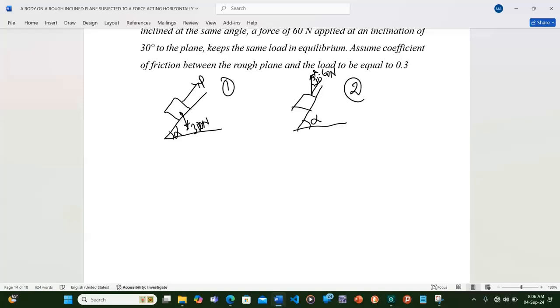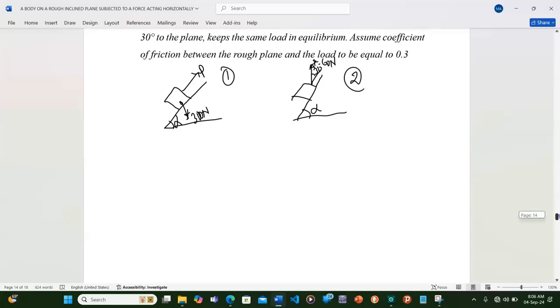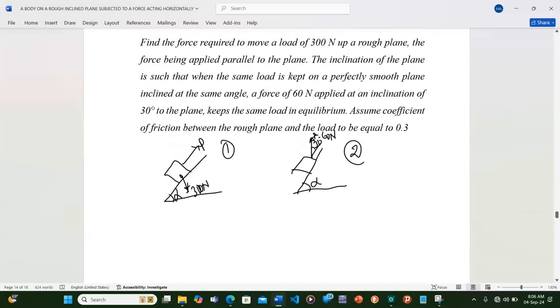If we look at case 2, it says that the same load is kept on a perfectly smooth plane. So in here, phi is equal to 0. But here, phi is not equal to 0.